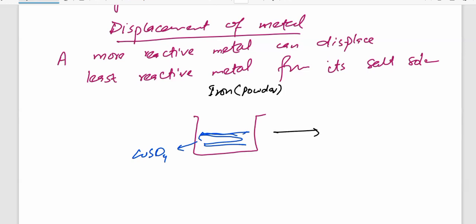You will see that its color changes to light green. तो असल में क्या हुआ कि आयरन कॉपर सल्फेट से आयरन सल्फेट बन गया, और नीचे ना कुछ रेडिश ब्राउन, कॉपर रेडिश ब्राउन, ठीक है, रेडिश ब्राउन ये कॉपर ये नीचे बैठ गई, ठीक है.